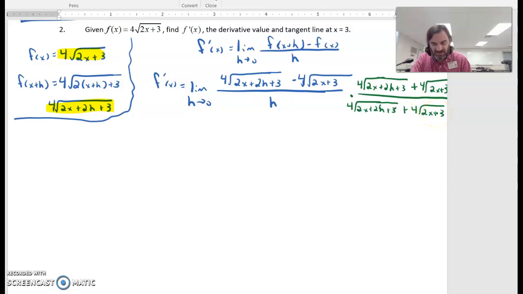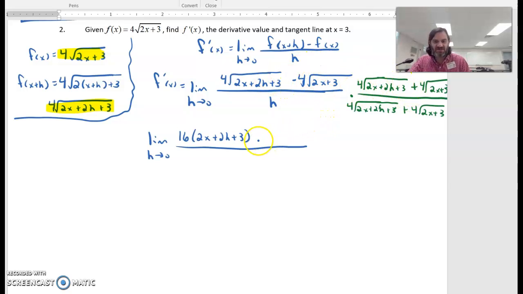So let's see here. This will give me the limit as h approaches 0. Up top, 4 times the square root of 2x plus 2h plus 3, squared. From the FOIL, that's the first. So 16 is 4 times 4, and then the square root will be knocked out of the 2x plus 2h plus 3. And then the outer and the inner will be the same, just different signs.